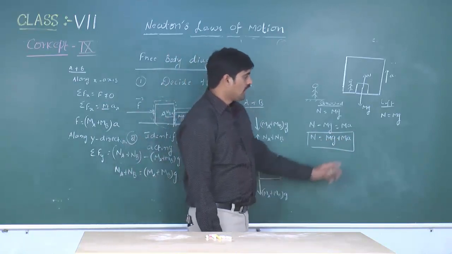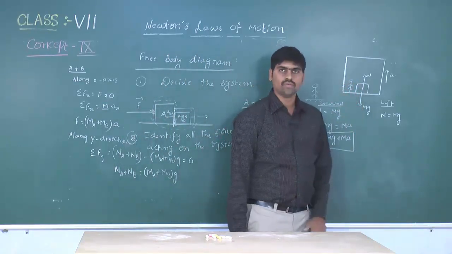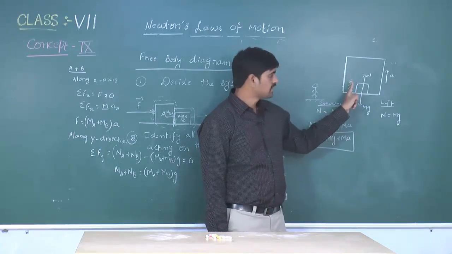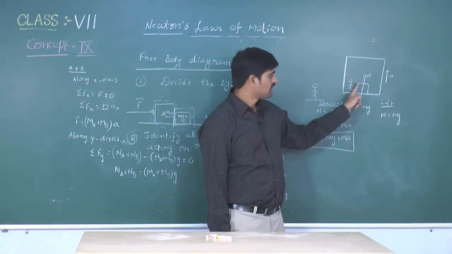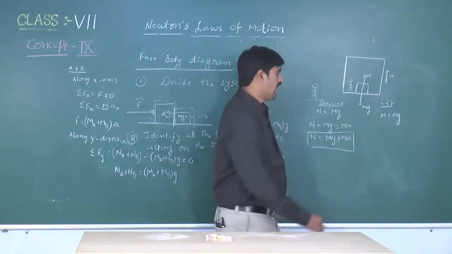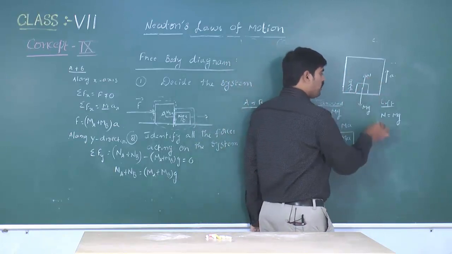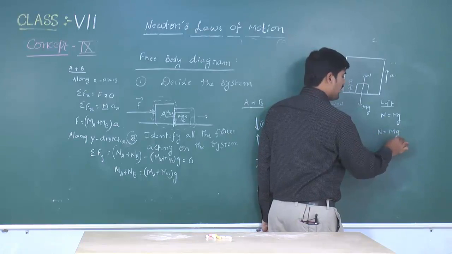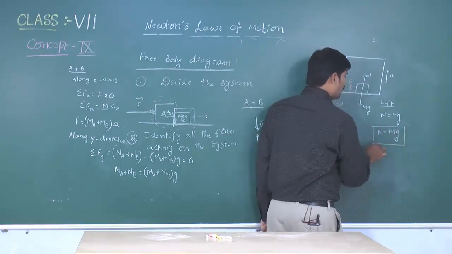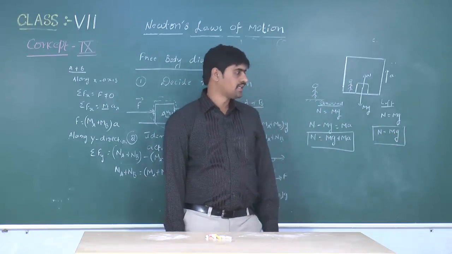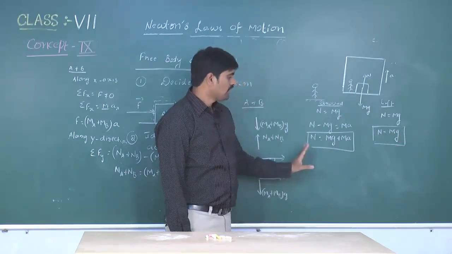Now, the person in the lift, what does he say? For the observer in the lift, the block appears to be at rest, and he says the upward force and downward force are equal. Once again, he says N equal to mg. We got a contradiction.